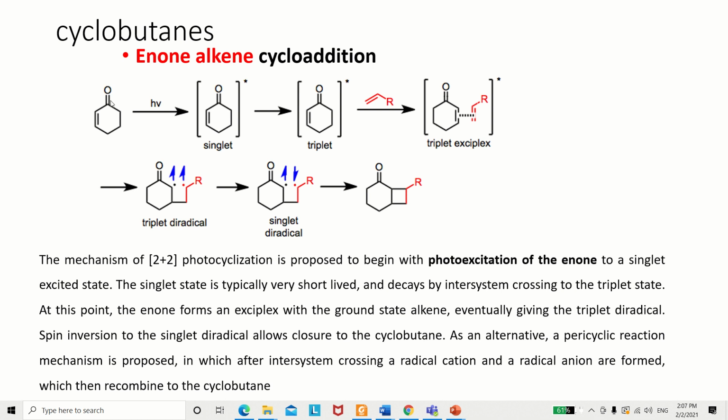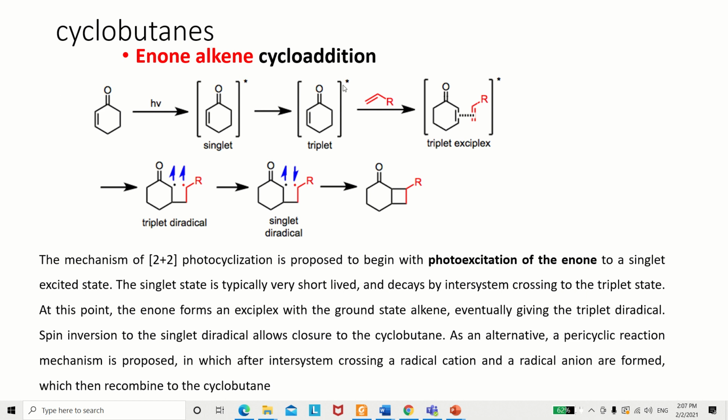So initially this carbonyl group or enone functional group will be photoexcited to form an excited singlet state, and we know that this singlet excited state has a very short lifespan, so it is much easier to convert into a triplet state.